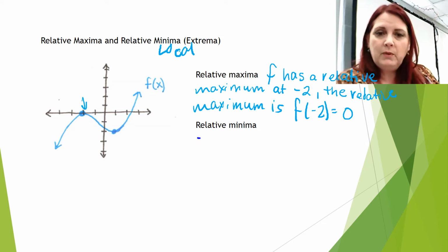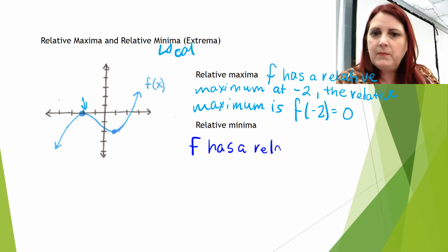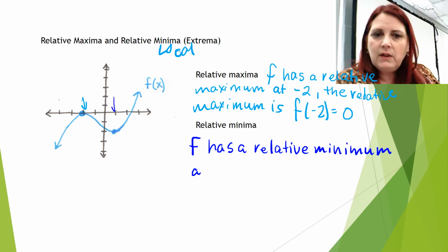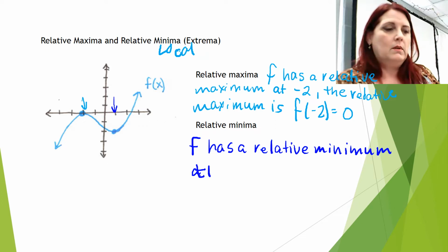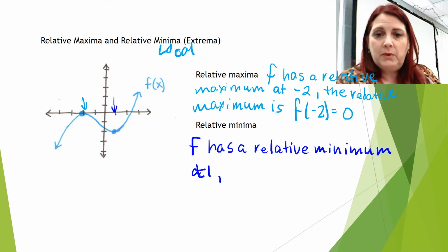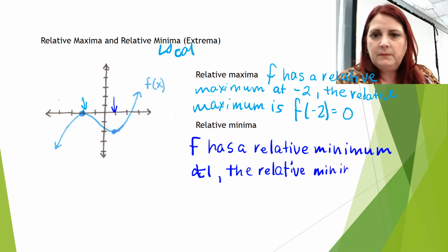It also has a relative minimum. So f has a relative minimum at, and the x value here is 1. And the relative minimum is whatever the y is at f of 1, and that's going to be -2.